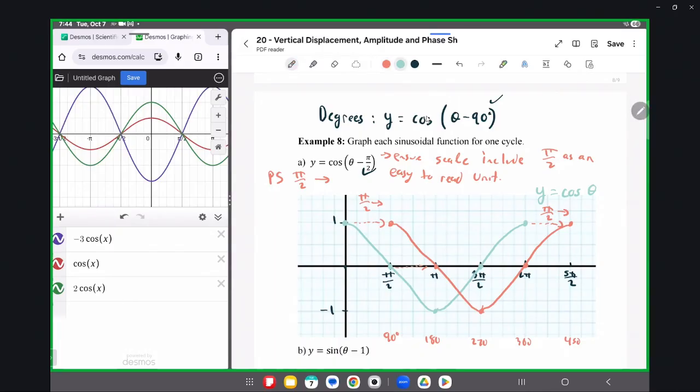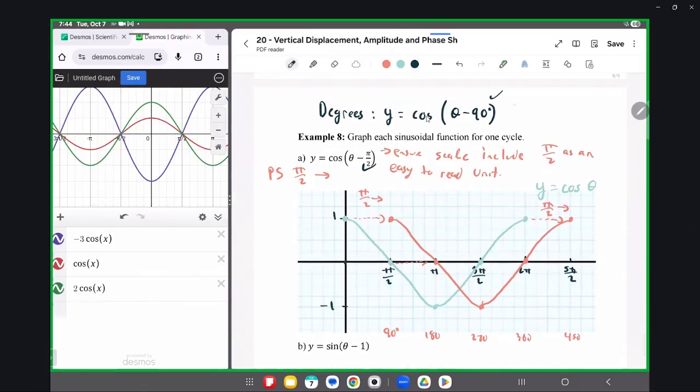In this case, suppose the phase shift for cosine theta had to be pi over 4, then halfway between pi over 2 and 0 would be a pi over 4 scale, and that would be easy for me to do. So you want a nice, easy scale to account for the phase shift, because these things can be quite messy otherwise. This is when working with exact solutions. These are exact values, and exact values involve some kind of pi.